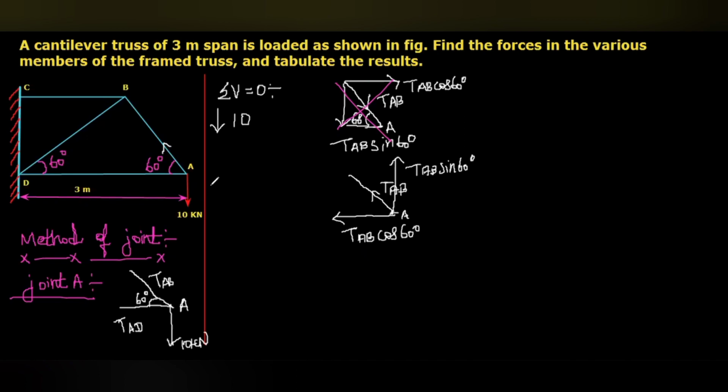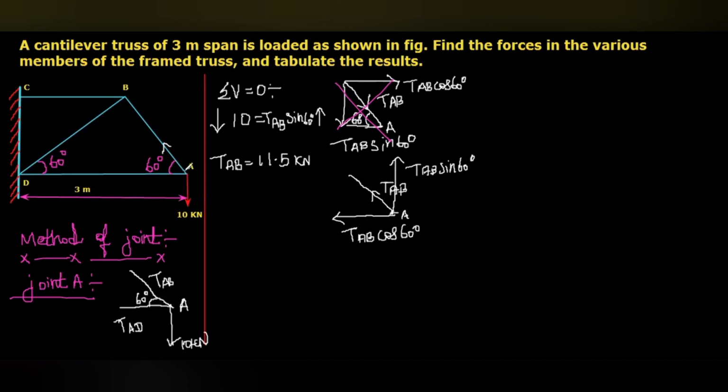So here, if you consider this TAB is acting outwards from the joint A, then the resolved component TAB sin 60 will act upward. So that is going to cancel this 10 kilonewton: the downward force 10 kilonewton equals the upward force TAB sin 60 degree. From this, we can calculate TAB, which equals 11.5 kilonewton.